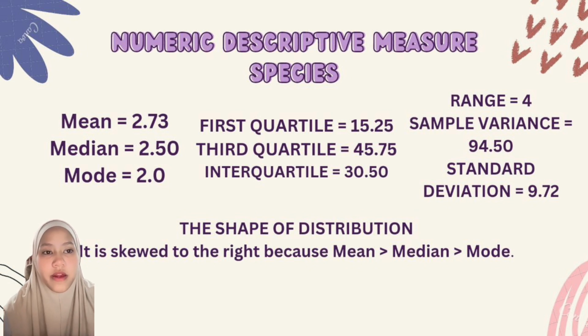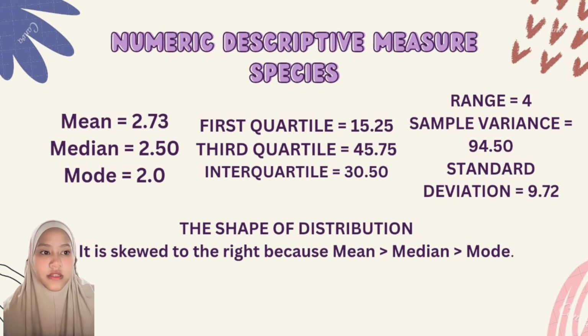I will explain about numeric descriptive measures. First is species. The mean is 2.73, the median is 2.50, and the mode is 2.0. First quartile is 50.25, third quartile is 45.75, and interquartile is 30.50.